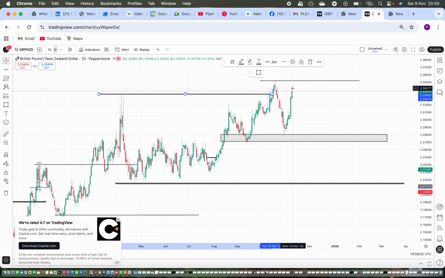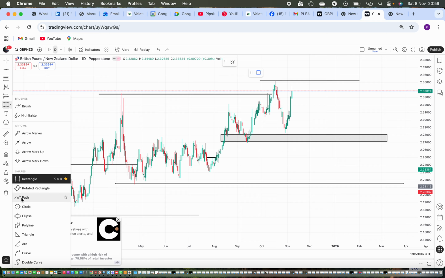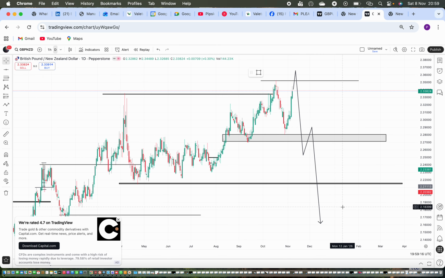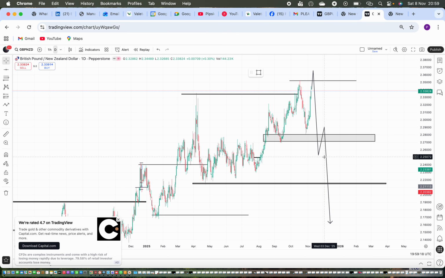So if price should maybe break above this level and we have the opportunity to trade below this low, then we can start looking for a sell opportunity to the downside. All right, but for now we do not have that. So let's look at the 4-hour time frame.